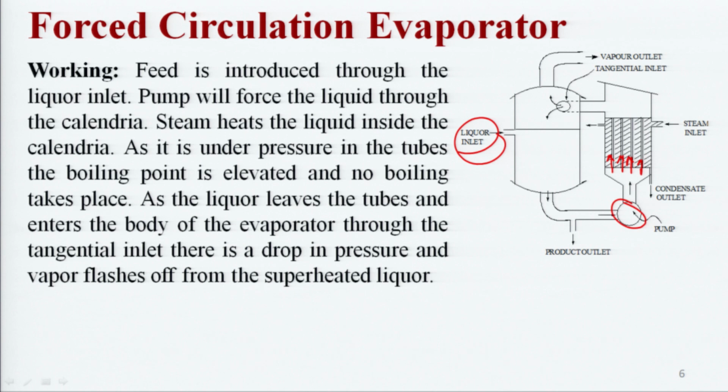So, this whole operation is under pressure in the tubes, so the boiling point is elevated. Since boiling point is elevated, in this place no boiling takes place, as the boiling point is increased.